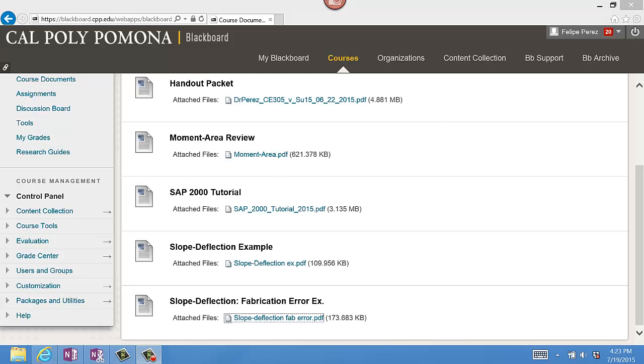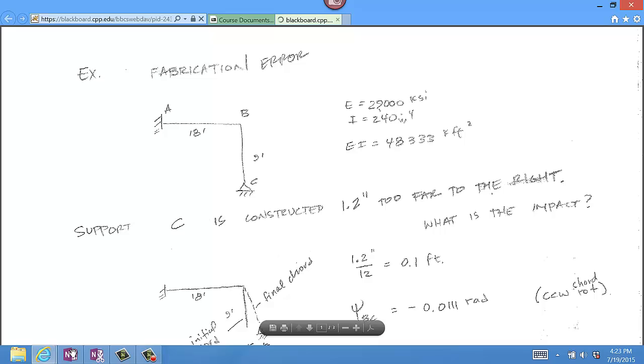The last example that I'd like to cover today is also posted on Blackboard. It is this last one that's called slope deflection fabrication error example. So this is a non-sway frame. You can see that support A prevents the beam from rigidly translating left or right.